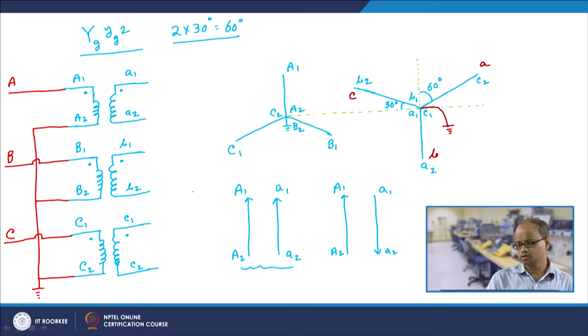So, to actually realize it, let us again redraw this diagram. What we have got is A1, A2, B1, B2, C1, C2, and we have a dot here.